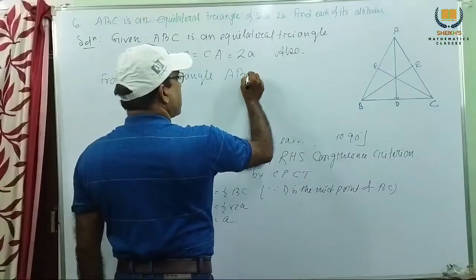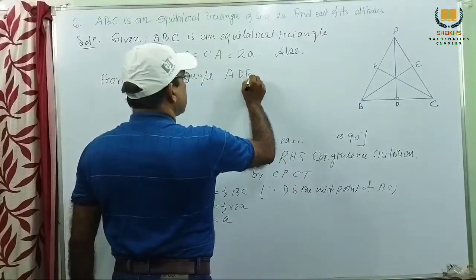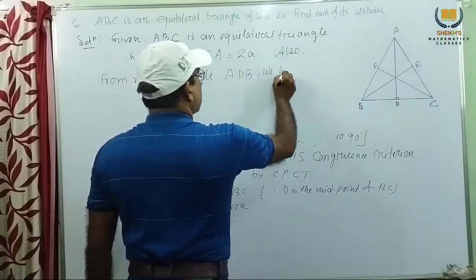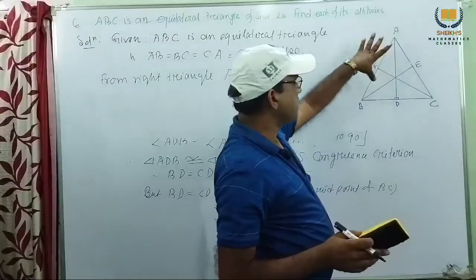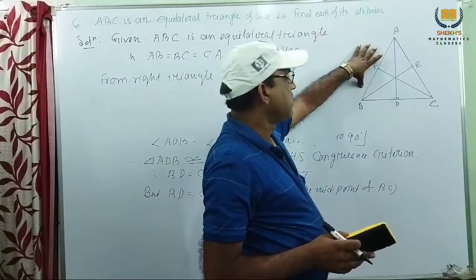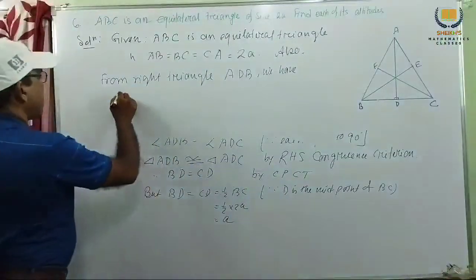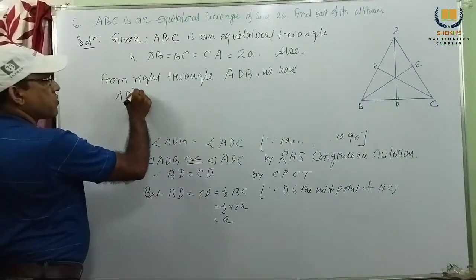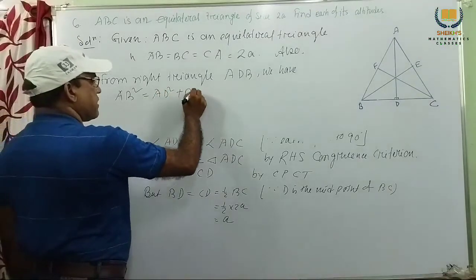ADB we have. So if it is a right angle, then obviously this is the hypotenuse, this is the perpendicular, this is the base. So we have AB square equal to AD square plus BD square.